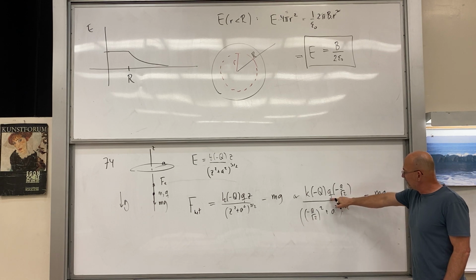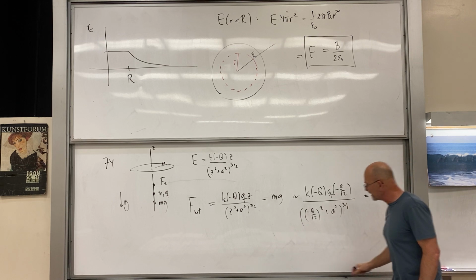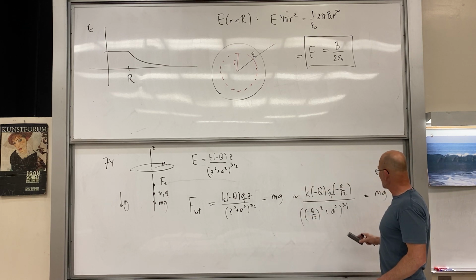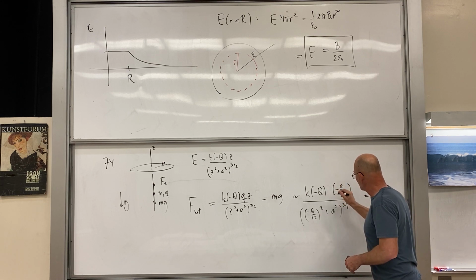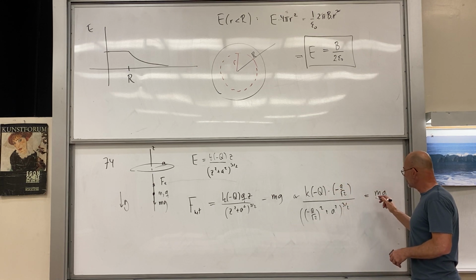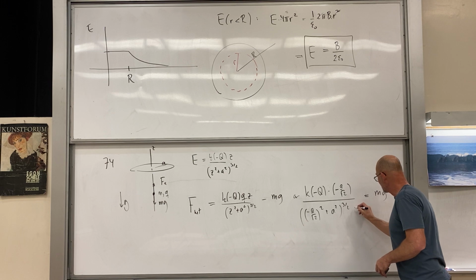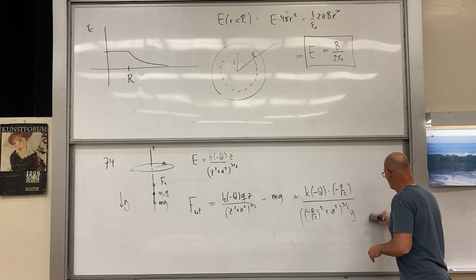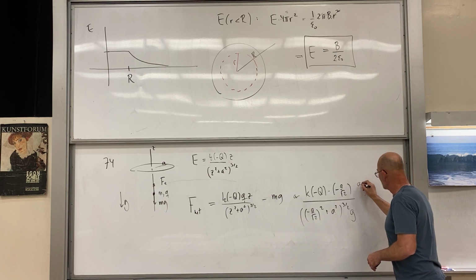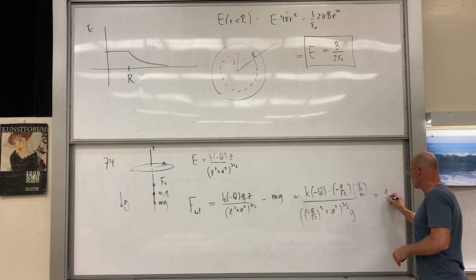So to find the minimum Q over M, you put the Q over M here. I could do that. In fact, let's put this out here. We'll do a Q over M G. So we'll divide by G and divide by M, and we've got Q over M here, because that's that thing, equals 1.